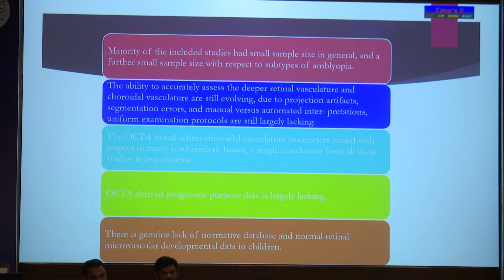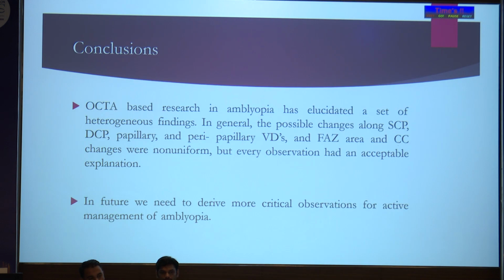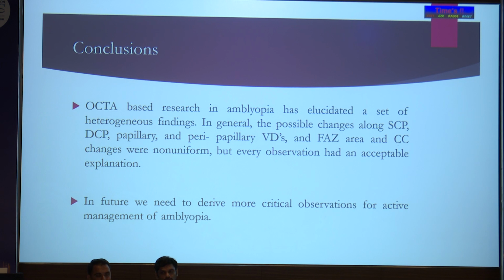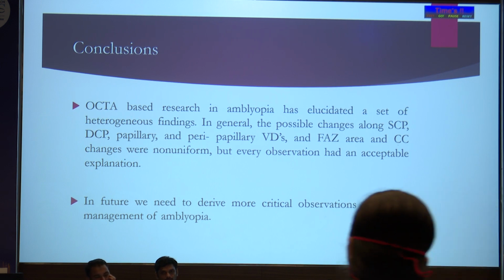Coming to the next point, OCTA-noted retinochoroidal vasculature parameters varied with respect to many other confounders. A single conclusion from these studies is less accurate, that's why. And coming to our conclusion, we have been able to find that there are certain changes in the retinal vasculature, that is superficial capillary plexus, deep capillary plexus, papillary and peripapillary vascular densities and FAZ areas.